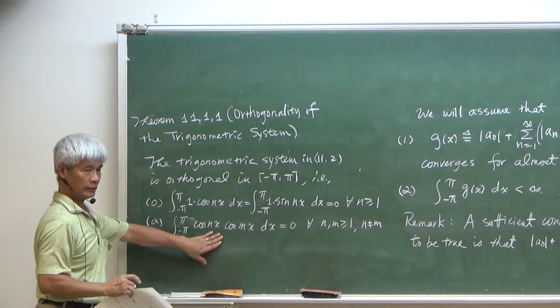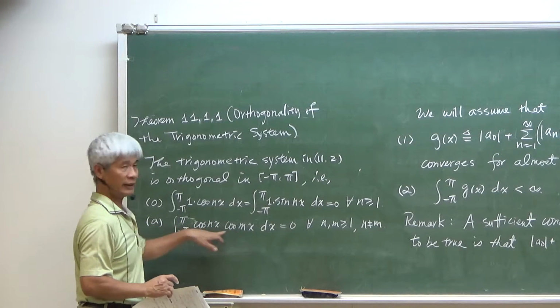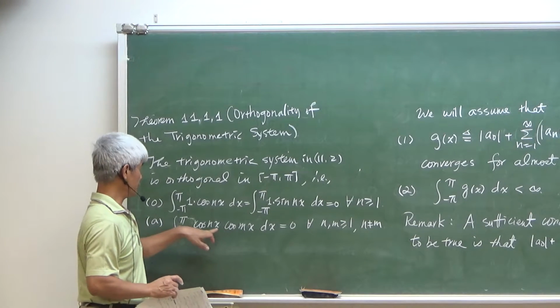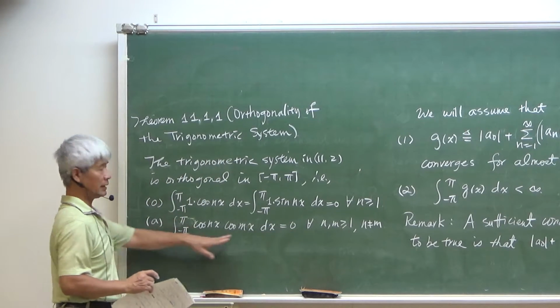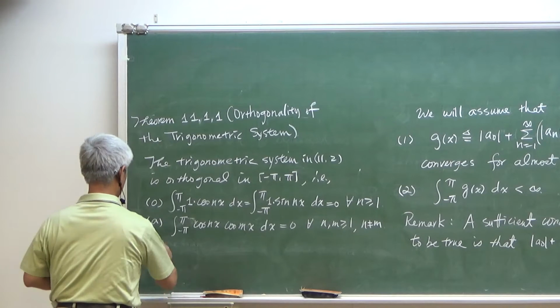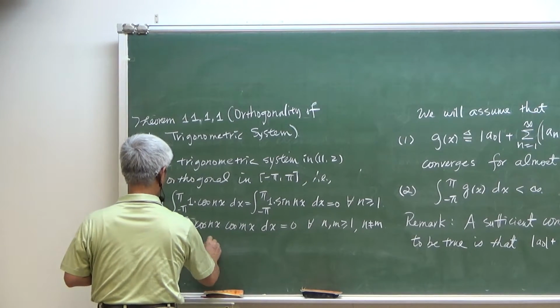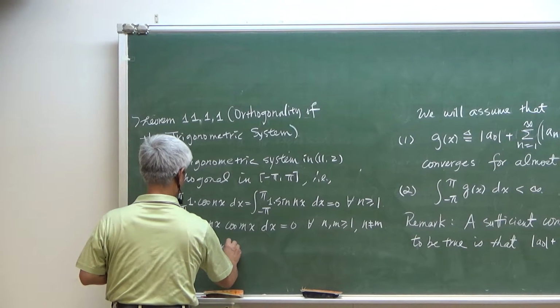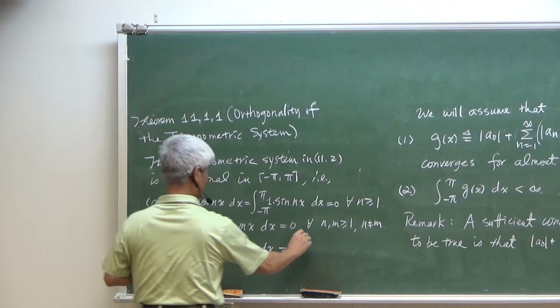So if you integrate the product of two cosine functions with different n and m, okay, then you get 0. With sine function you get 0 too.